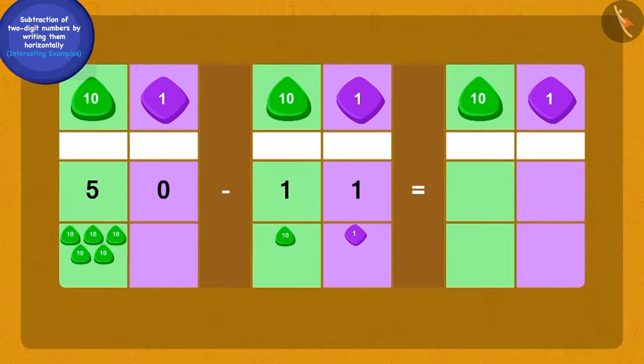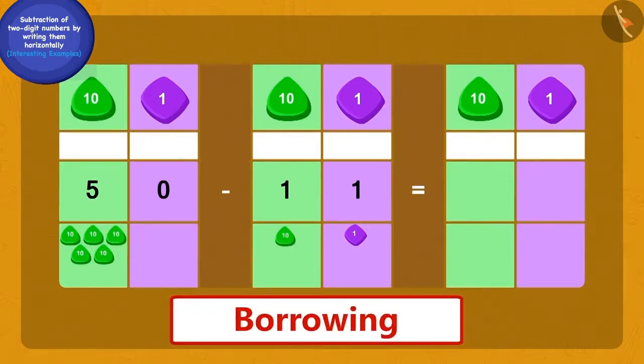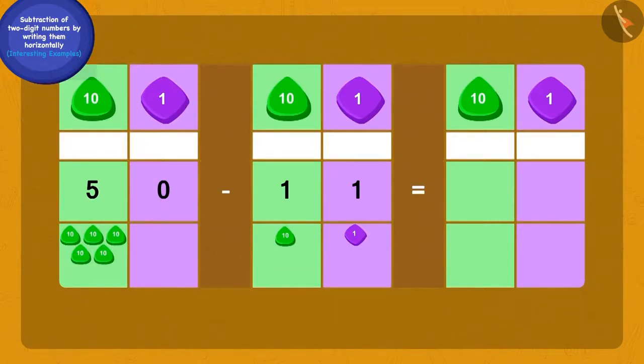Bablu took a paper and told Raju, here we have to use the borrowing process. We will borrow 1 ten from 5 tens of 50 and thus make 10 ones. Because we borrowed 1 ten, we have 4 tens left now.